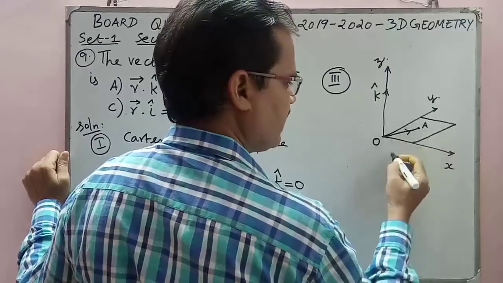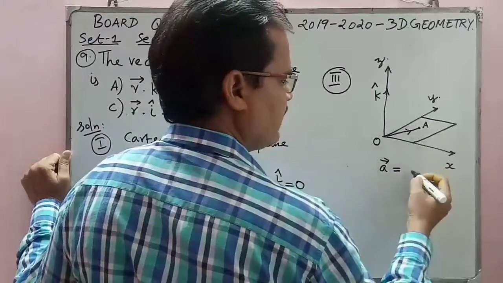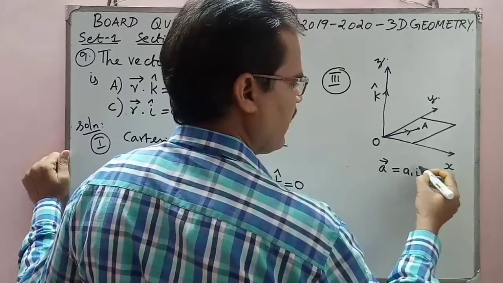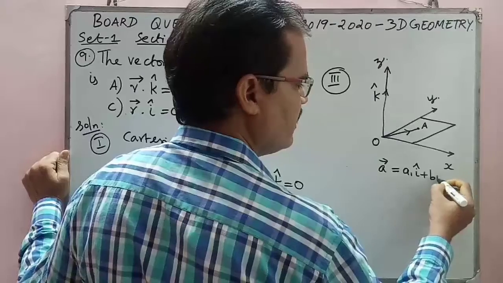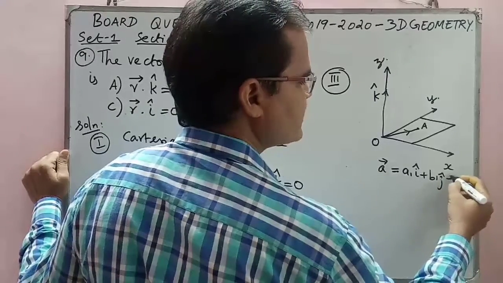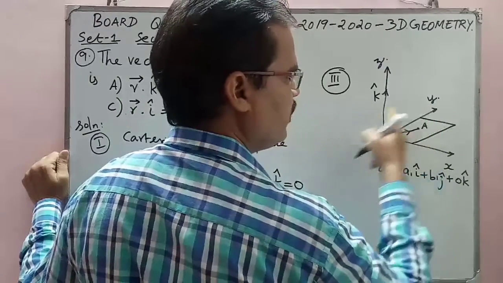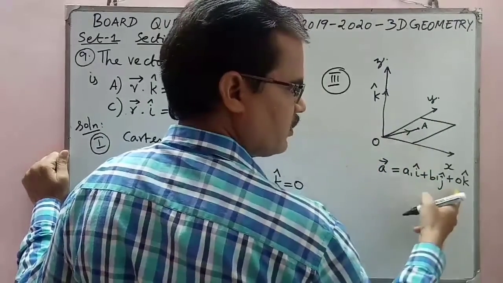Let us name this vector as A vector. Let the components be a1 i cap plus b1 j cap plus 0 k cap, because we know in the xy plane we don't have a k component.